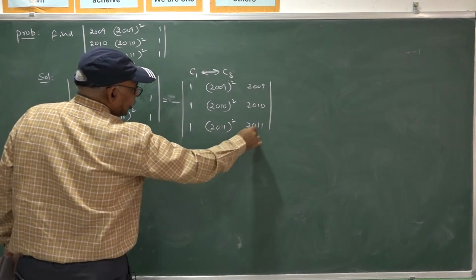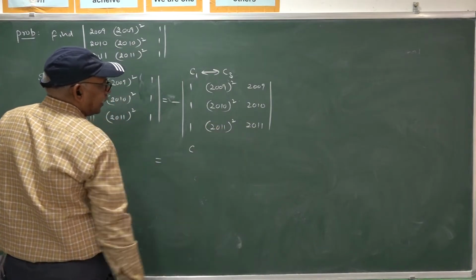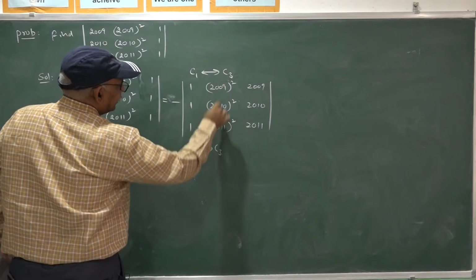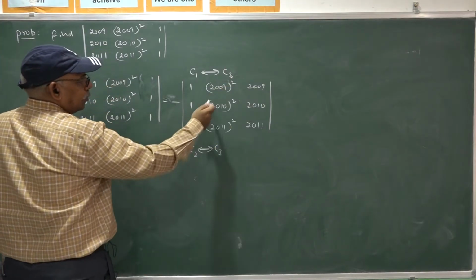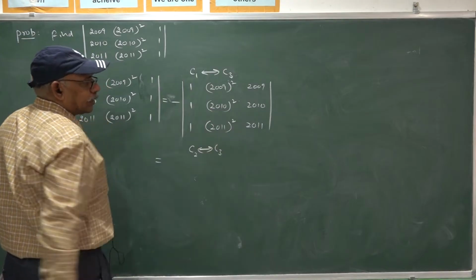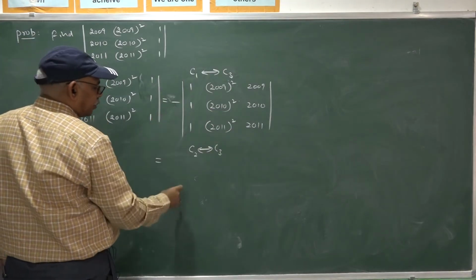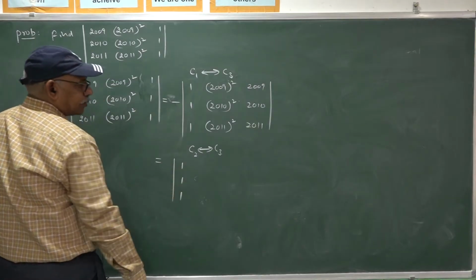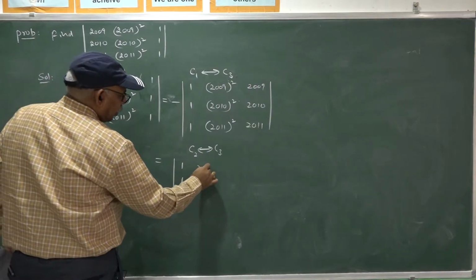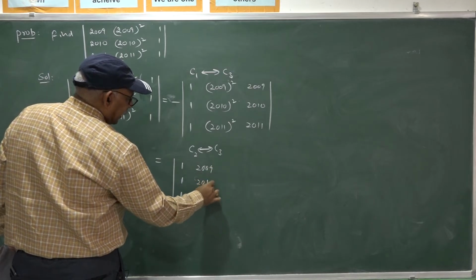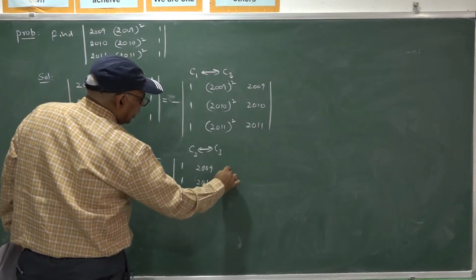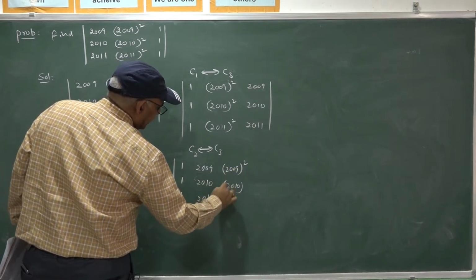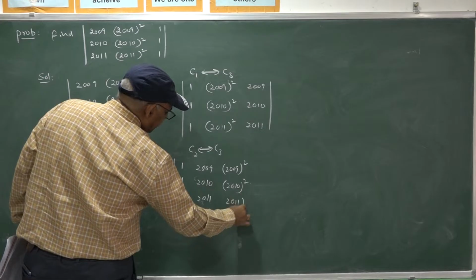Again interchanging these two, C2 and C3, column 2 and column 3. Once you interchange these two again, it becomes plus, minus of minus is plus. The determinant becomes 1, 1, 1, 2009, 2010, 2011, 2009 whole square, 2010 whole square, 2011 whole square.